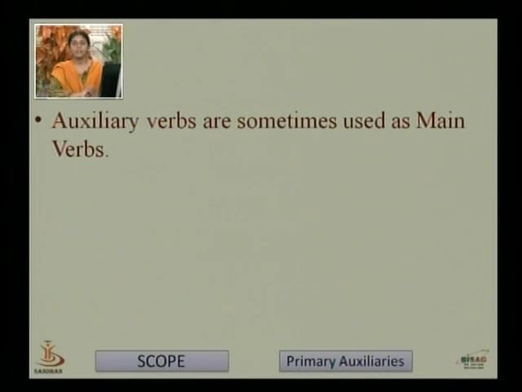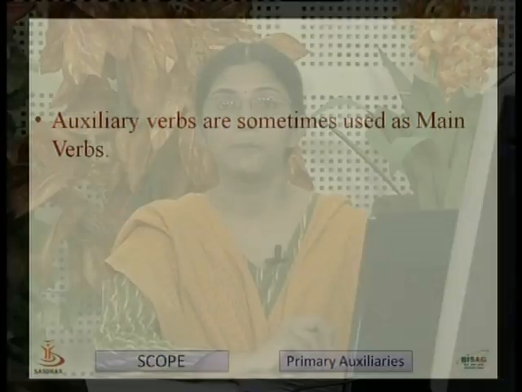Auxiliary verbs are sometimes used as main verbs also. Earlier we noted that auxiliary verbs are helping verbs. They help to modify the main verb. They add to the meaning of the main verb. They change the tenses. But that is not the only function of the auxiliary verbs.